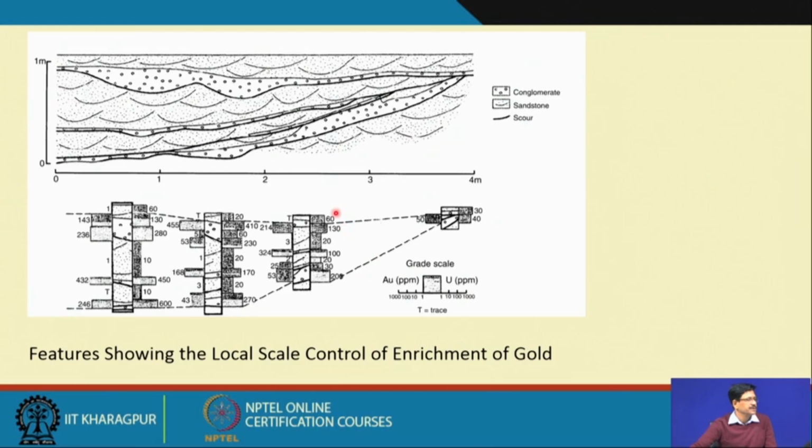So while discussing the manifestation of the sorting mechanisms that we just saw, from the very small scale to large scales, this diagram shows that these are the scours where we get dominantly the sand deposits, and these are the intervening conglomerates, which are essentially the gold bearing reefs.